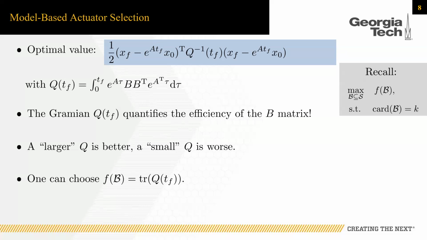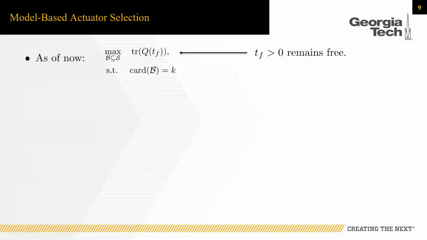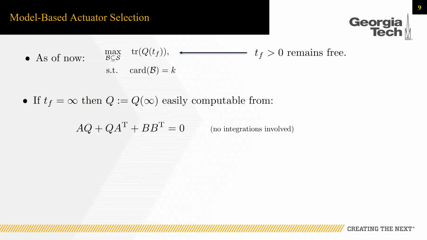Remember that one of my tasks here is to pick this F of mathcal B. One can choose the trace of this Q. Nothing too fancy. So what we have here is that I want to maximize that, picking the best K actuators, where the T_F that you see over there is free.